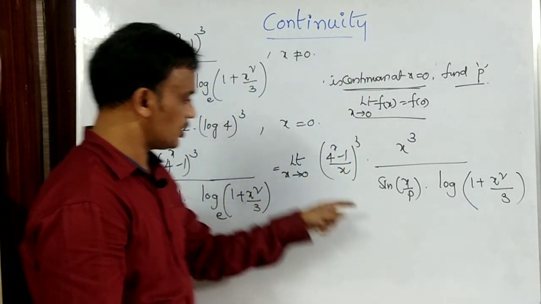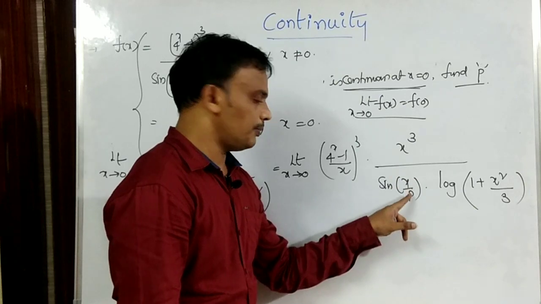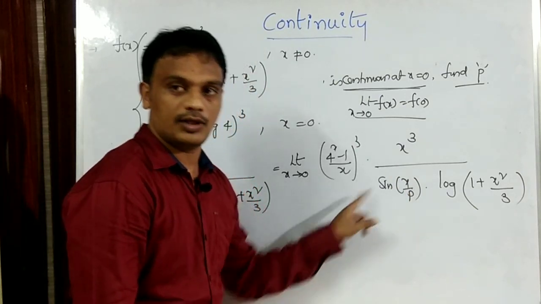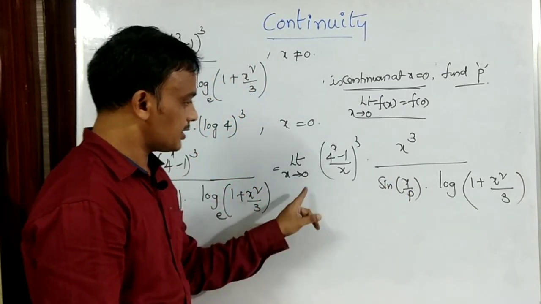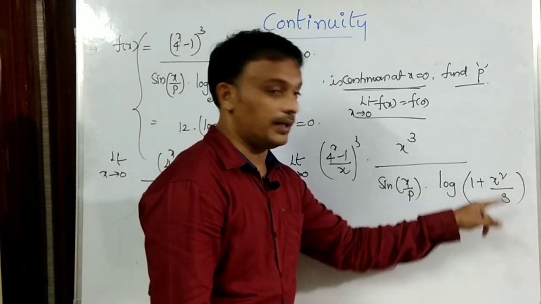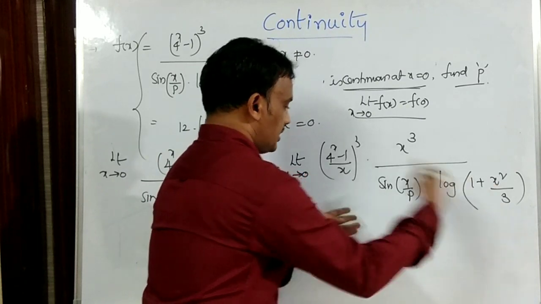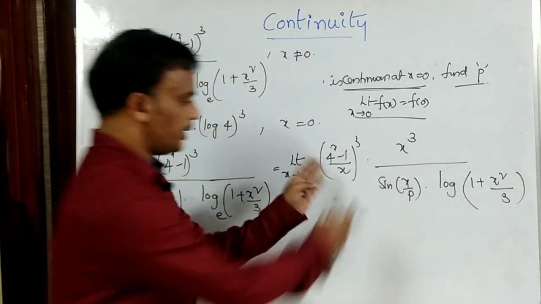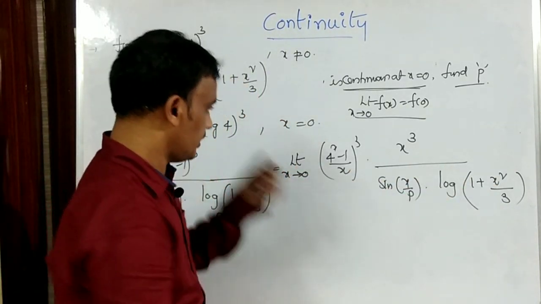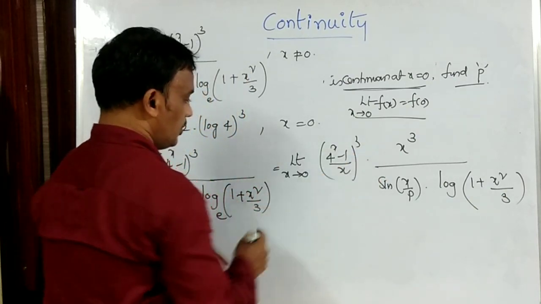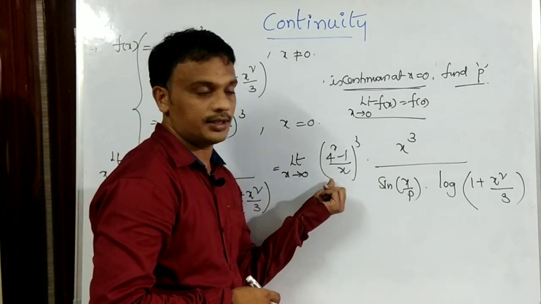And when limit x tends to 0, what about this one? sin (x by p) by (x by p), then only its limit exists. And limit x tends to 0 of log(1 plus x) by x, then only the limit will exist. But here the terms are not there, so again I am going to multiply and divide with this one. Now in the next step, this exists, this is already completed.